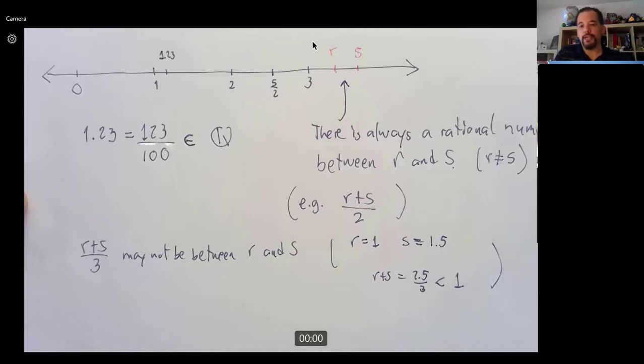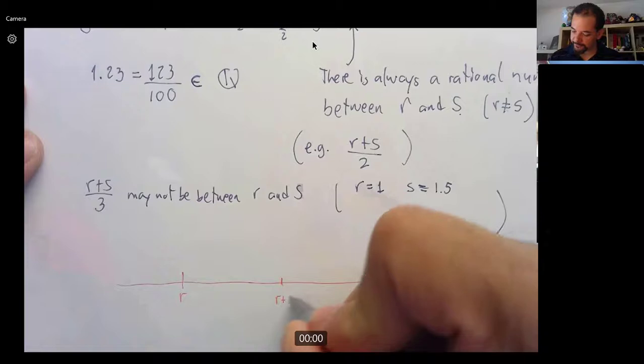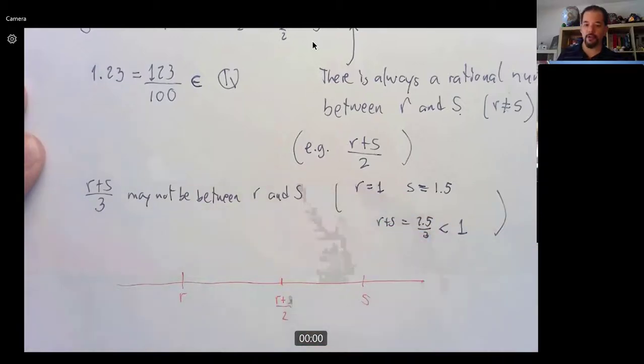But here's one you can do, of course. You can just repeat the previous trick we did. So we had R and S. Let me do another picture. So you did R and S, and you can do the midpoint of this. And then to find another one, how about doing the average of these two? The average of R and R plus S over 2.